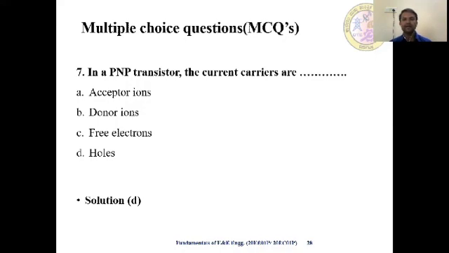In a P-type semiconductor, the majority charge carriers are holes, and in N-type semiconductors, the majority charge carriers are electrons. So in a PNP transistor, an N-type semiconductor is sandwiched between two P-type semiconductors. Together gives rise to a PNP transistor. The majority carriers are holes. So correct option is D.